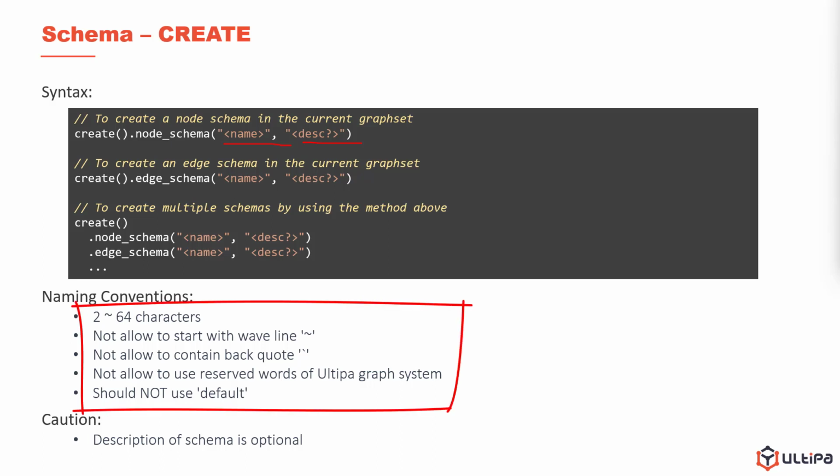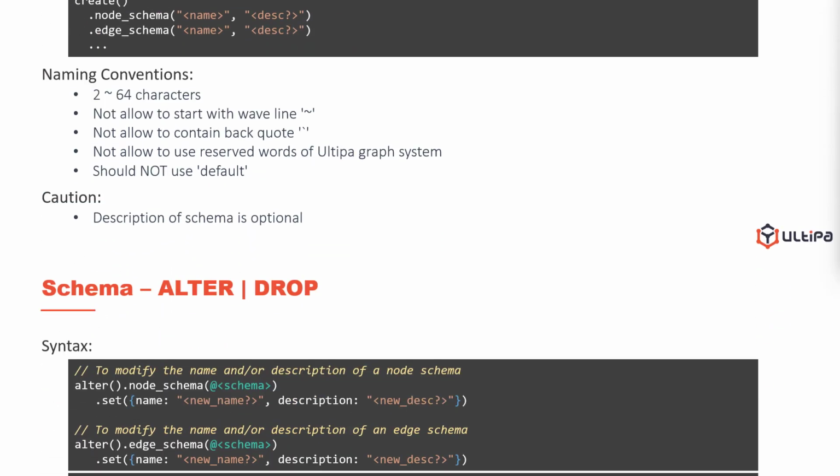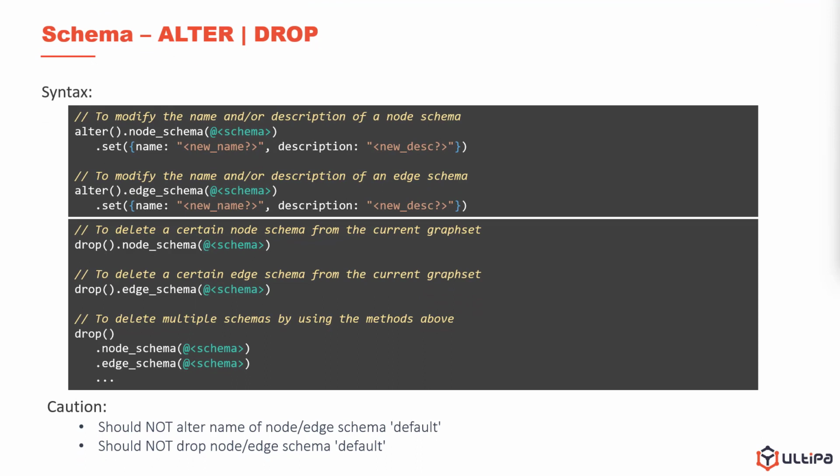Schema has naming conventions which are much more flexible than those of a graph set, but system-reserved words are not allowed to be used as schema names. Both the name and the description of a schema are allowed to be changed. One or multiple schemas are allowed to be deleted at a time.